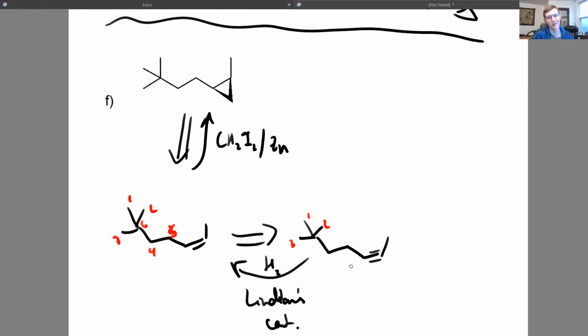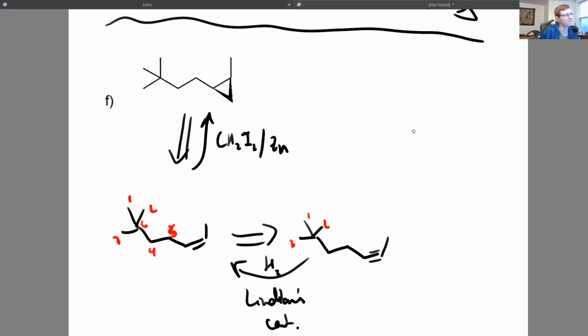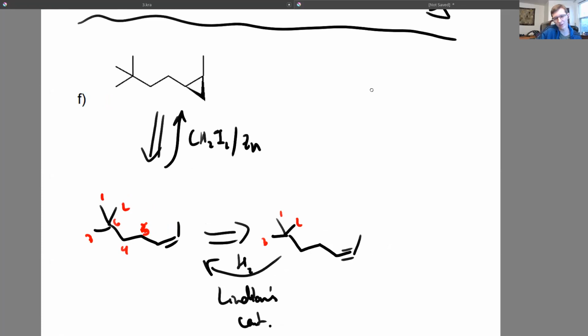Not especially, but the way that this is drawn, it's not drawn very clearly here. If you're given this problem on a quiz, for example, it would be likely that they would draw it this way. So here it does matter if it's a cis or trans double bond.